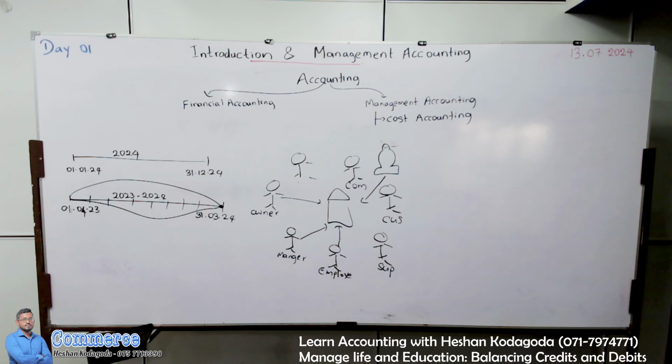Again, the management information system that provides financial and non-financial information for the management processes of planning, organizing, directing, and controlling is referred to as what? Management accounting. Are you okay up to here, guys? Clear? Okay. Done.